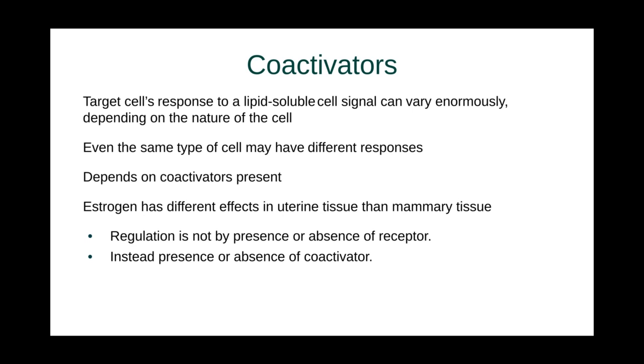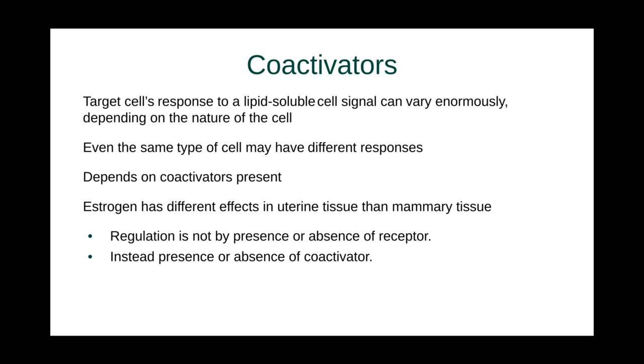And the interesting thing is that sometimes, depending on where you are in your liver, the hormone can affect your liver cells differently. And what causes it to affect your liver cells differently from your kidney cells is this idea of co-activators. Different co-activators cause different responses to the same exact signal in different cells or similar lines of cells.